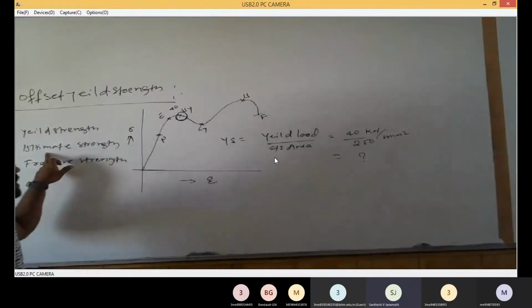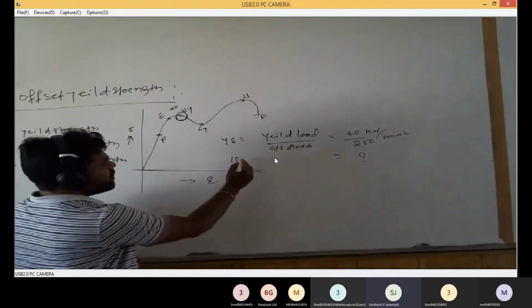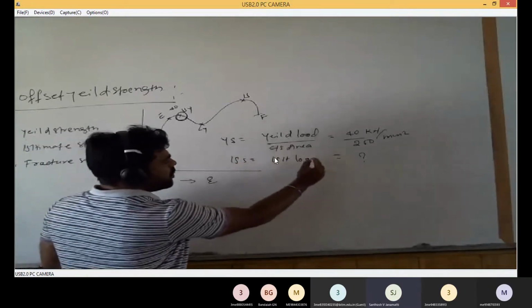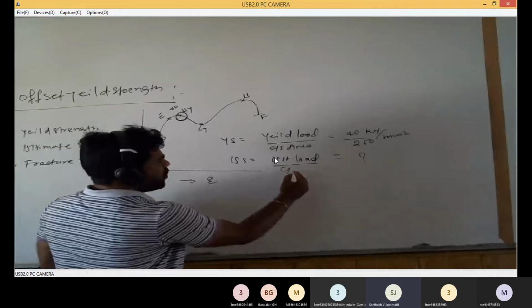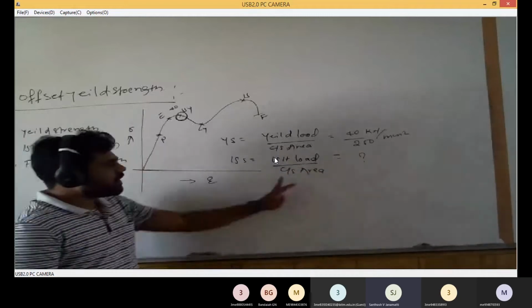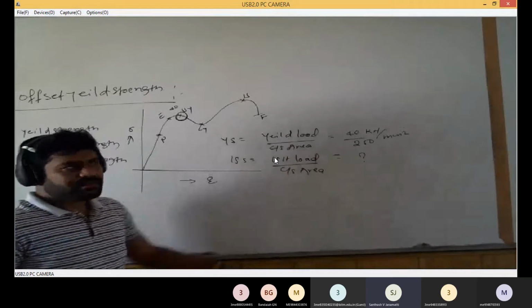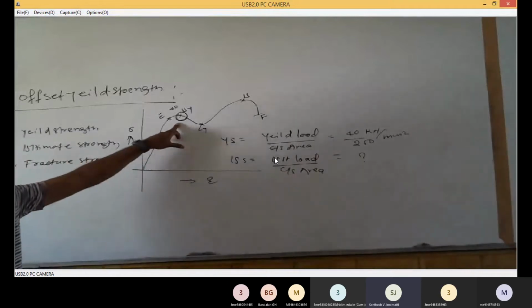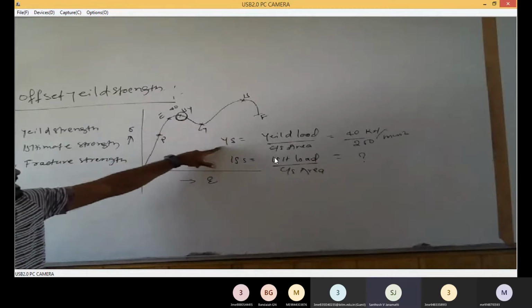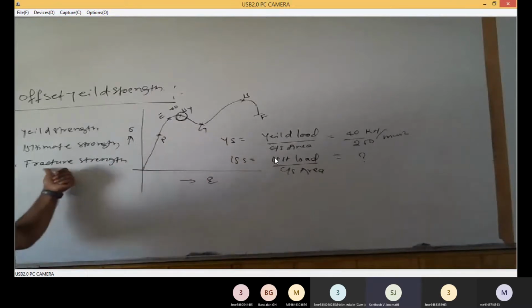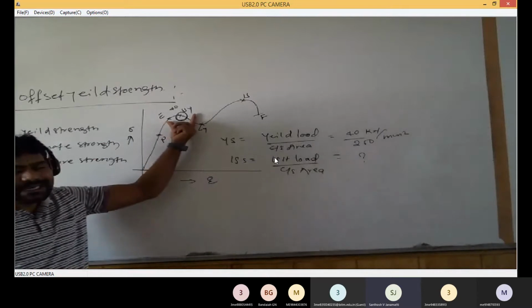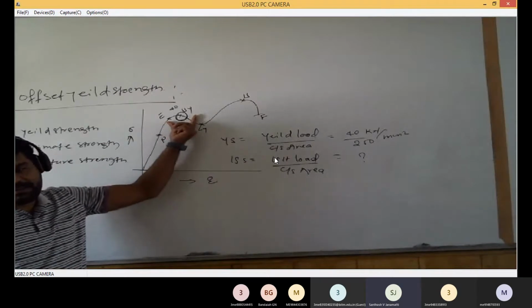Similarly, if you want to calculate the ultimate strength, it is equal to ultimate load divided by cross-sectional area of the sample. Now you will get the ultimate strength. Suppose we got a curve like this. It is not difficult to find out the yield strength, ultimate strength, as well as fracture strength, because this graph shows the definite yield value.